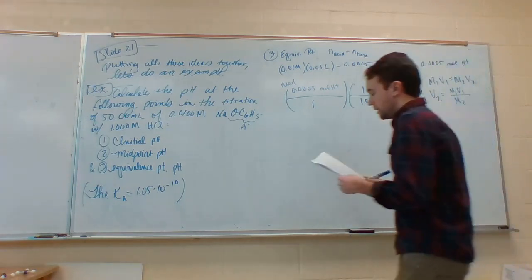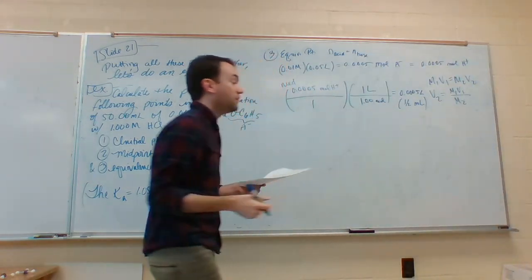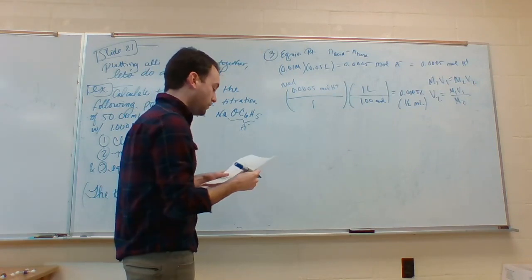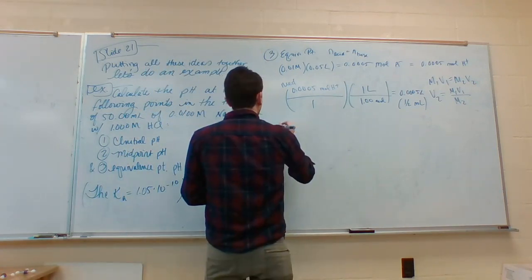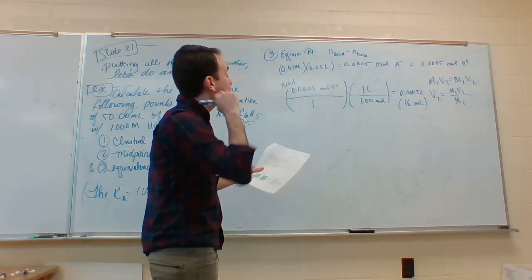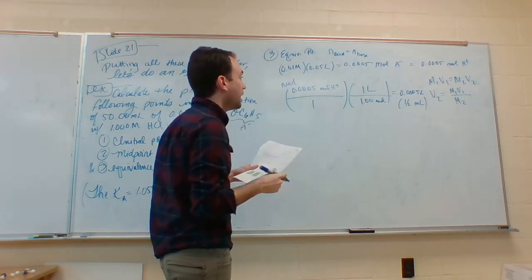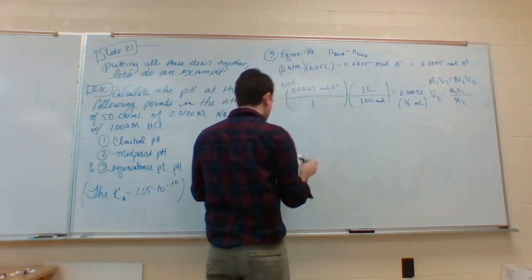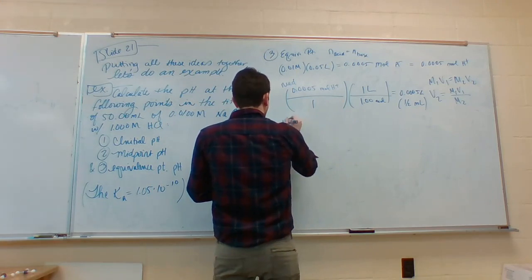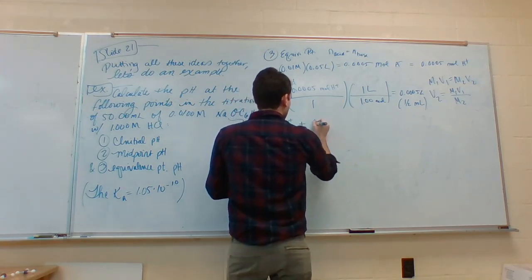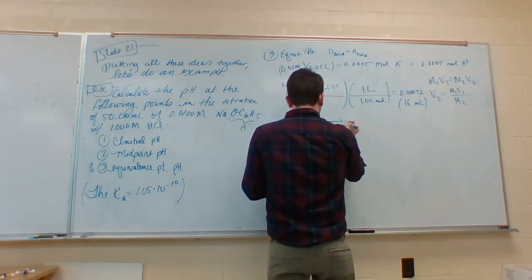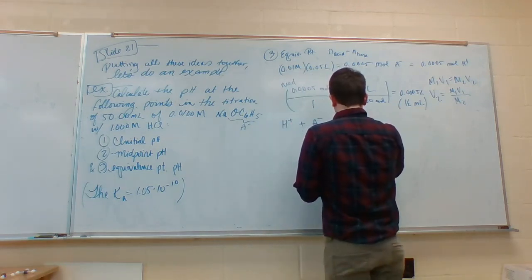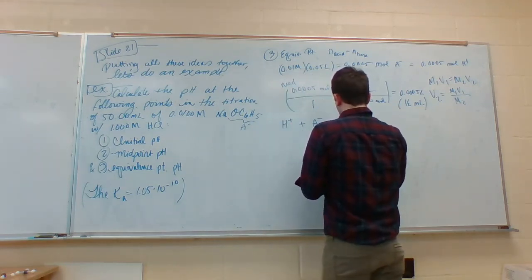All right, so now we have enough information to set up our before and after table. Because we know that the moles have to be equal, and we have our moles of H plus, we know H plus and our phenolate is going to go to HA.